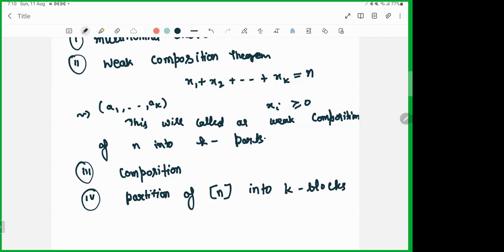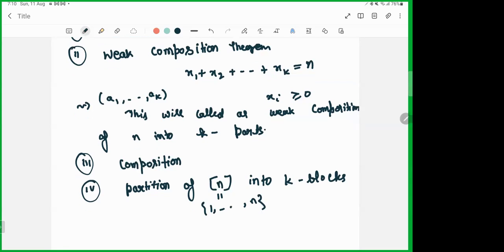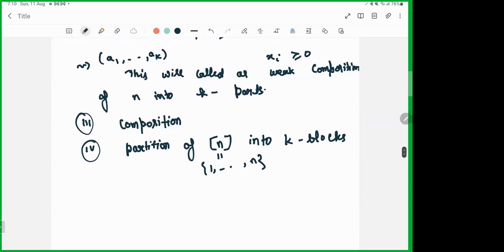What does this mean? It means a partition of a set n, which is basically 1, 2 up to n, into k blocks: a collection of k subsets whose union is the full set and which are disjoint. So this is a partition of a set.